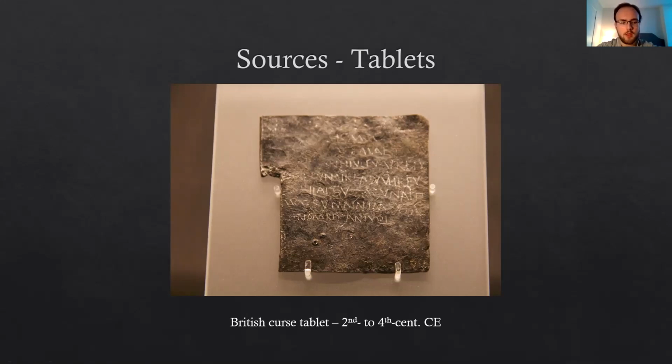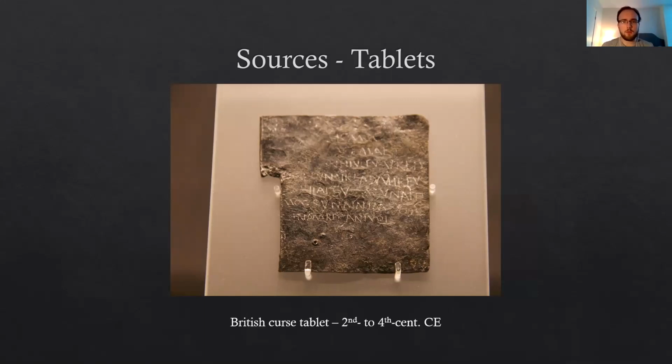And the really interesting thing about tablets is that back when people wrote on tablets, these were very accessible to the common person. This tablet right here is a British curse tablet, which is basically, how should you explain it? If someone wronged you or someone stole something of yours, you might pay someone to have this inscription on this tablet drafted up, and you might lay it at the shrine of a goddess with the aim that the goddess will exact retribution for you from whoever wronged you, whether you know who they are or not.